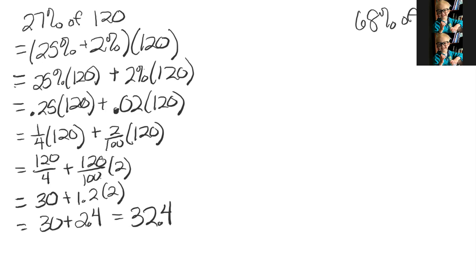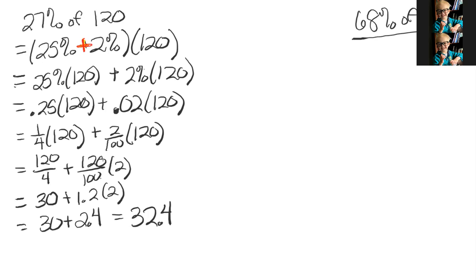So again, pause it. Can you use a similar line of reasoning maybe for 68% of 120? Maybe instead of adding the numbers like we did here, we found 25 plus 2 to be 27.